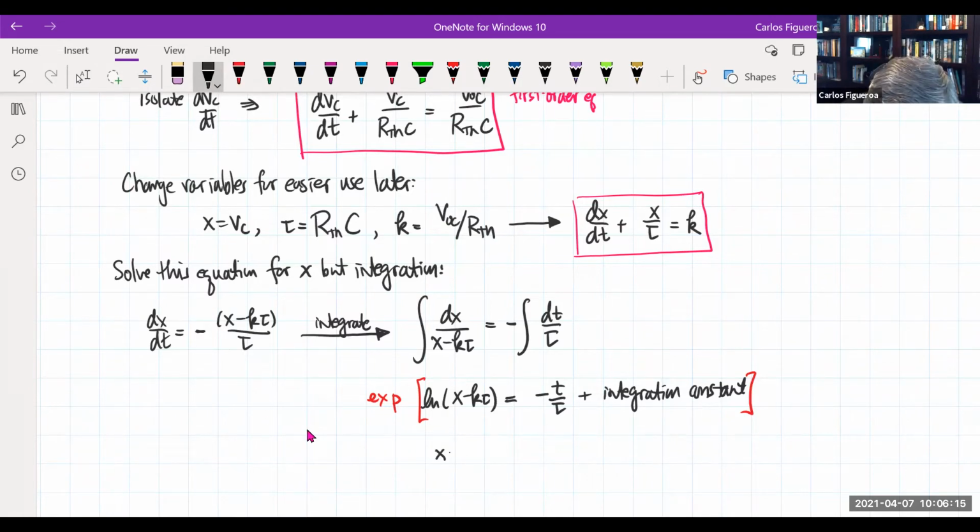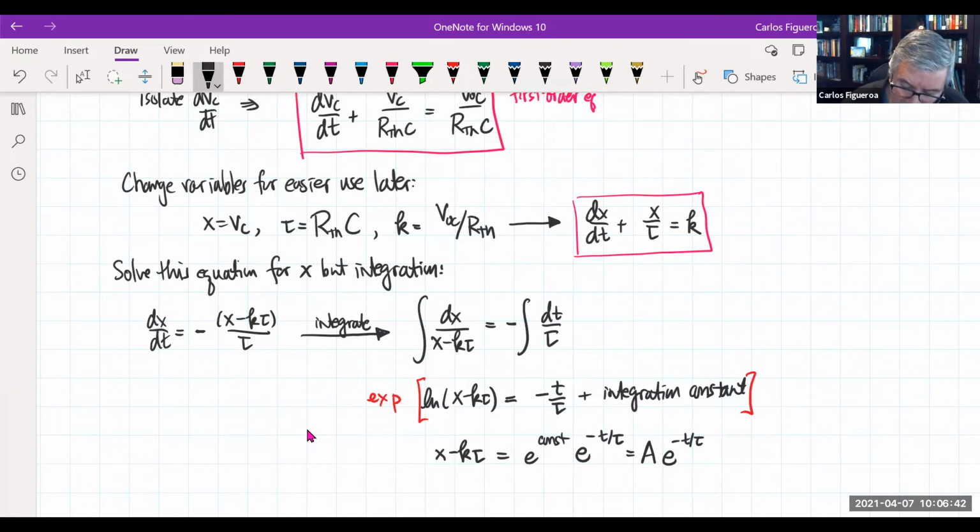So this goes x minus k tau. I'm going to get e to a constant times e to the minus t over tau. And since e to a constant is a constant, I'm then going to come in and write down an arbitrary constant, which I label A.